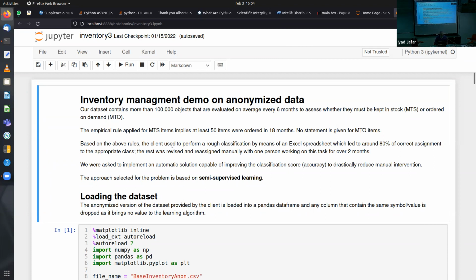They used to analyze their own data set of more than 100,000 components every 6 months in order to establish whether some components had to be taken in stock or ordered on demand, because many components were much more expensive than we can think.